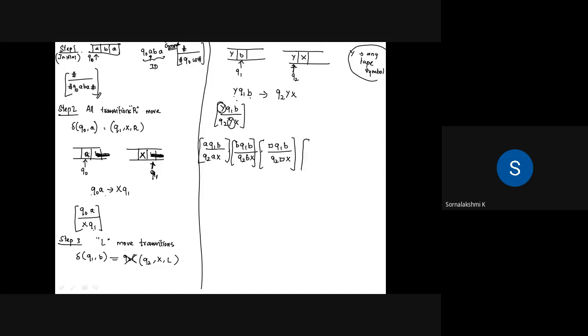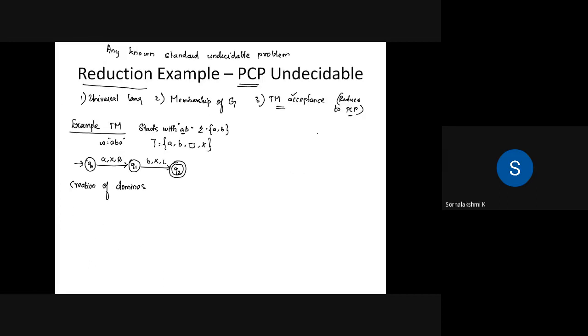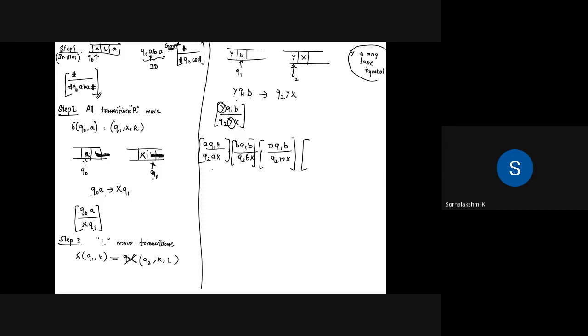The next domino is, I'll replace it with X. You can see we have 4 tape symbols, A, B, blank, and X. So instead of Y, I'll put X. Y means any tape symbol. Q2XX. So this is the output for step 3. Fine. So I've generated these many dominoes out of it.